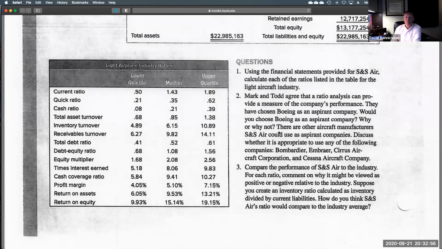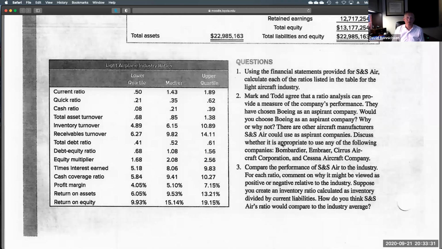Depending upon how far above and below the mean they are, maybe you pick 3 or 4 ratios that stick out as being really low on the quartile spectrum or really high on the upper quartile spectrum. Then, based upon what you've learned about the S&S Air business model, try to relate why that ratio for S&S Air is significantly higher than the industry average, or why it is significantly lower.